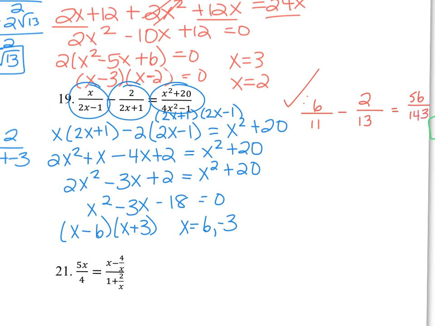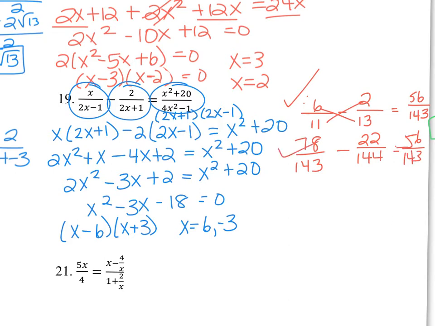So here, I'm going to multiply that by 13. 6 times 13 is 78 over 143, minus 11 times 2, which is 22, over 143. And sure enough, that equals 56 over 143 when I subtract those two.